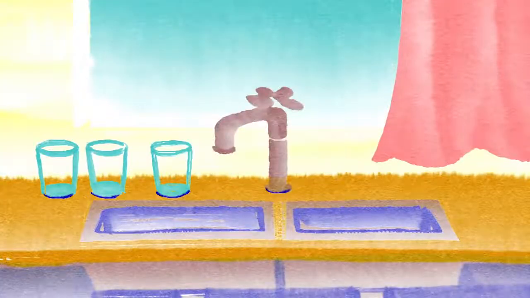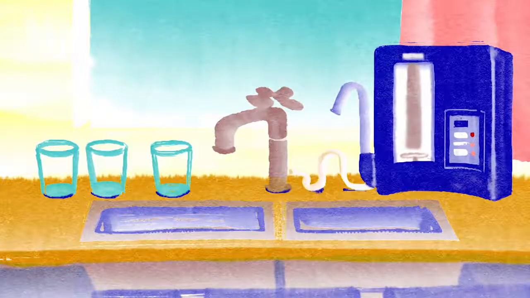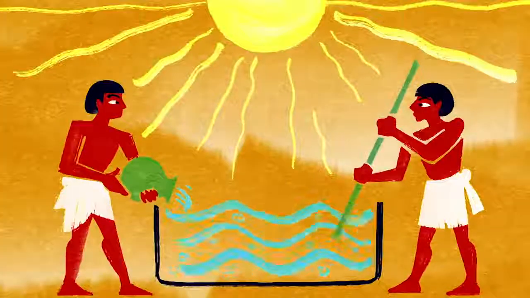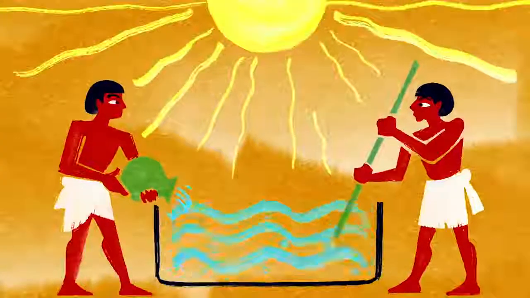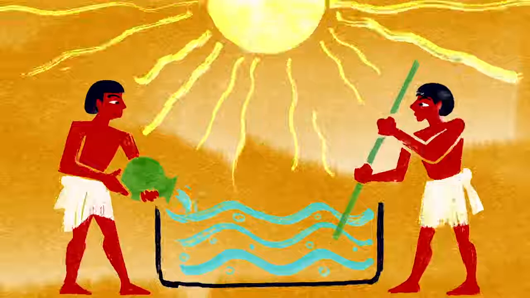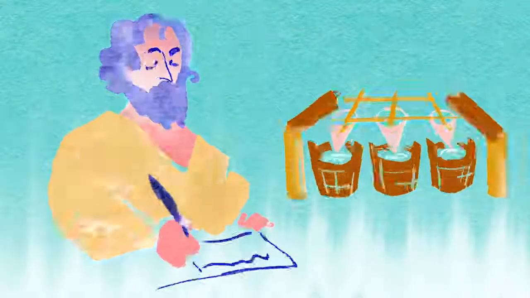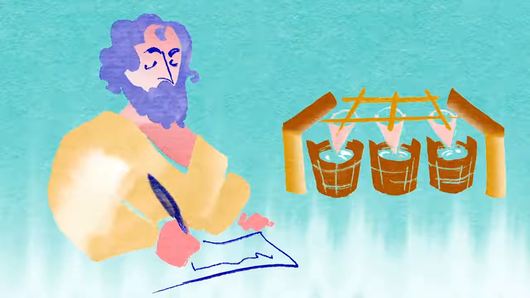With many types of contamination, there are ways of treating water where it's used instead of close to its source. Point-of-use treatment has actually been around for thousands of years. Ancient Egyptians boiled away many organic contaminants with the sun's heat. And in ancient Greece, Hippocrates designed a bag that trapped bad-tasting sediments from water.